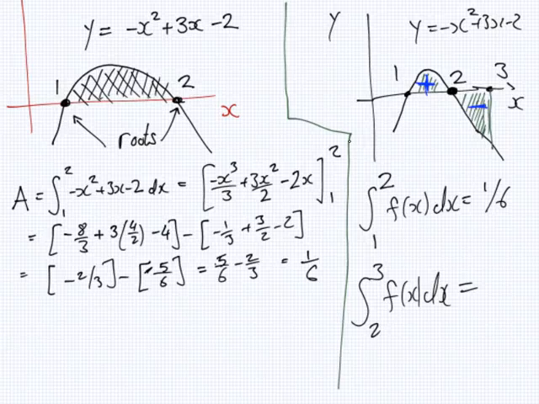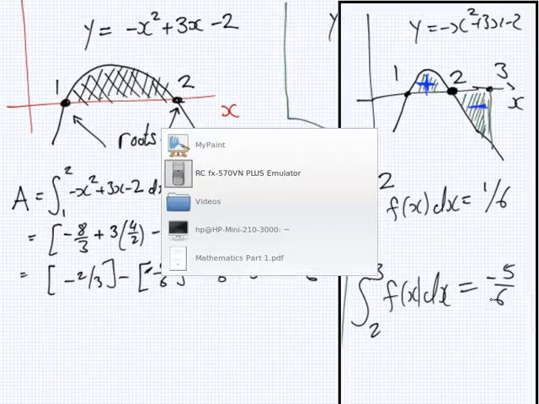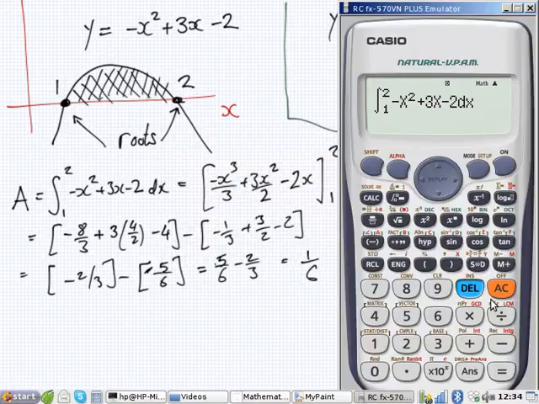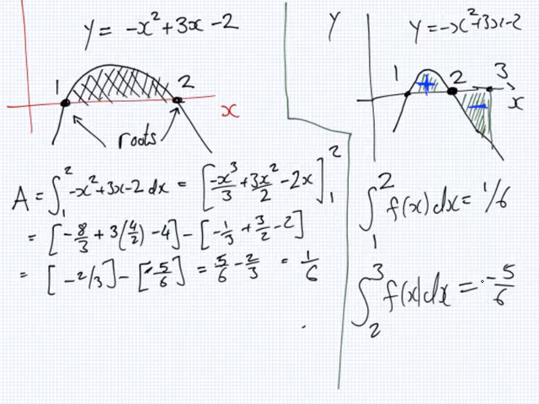Okay, what did you get, Yusuf? Minus 5 over 6. Anyone else? Yeah. Minus 5 over 6. Let's check the answer. So the only difference is this is a 2 and this is a 3. And you get minus 5 over 6. Now here's the problem. Area cannot be negative. Area must be positive.